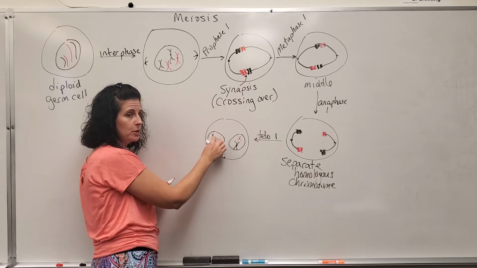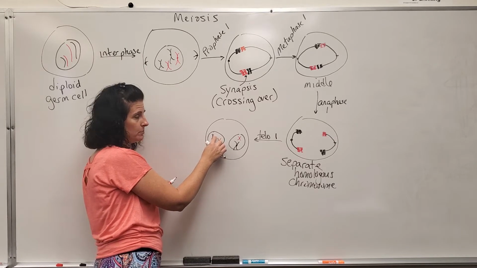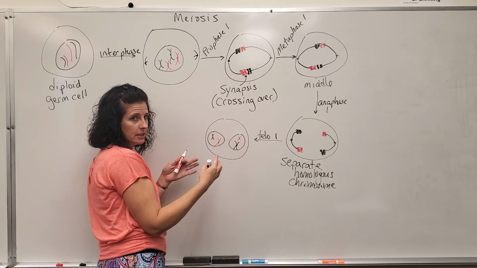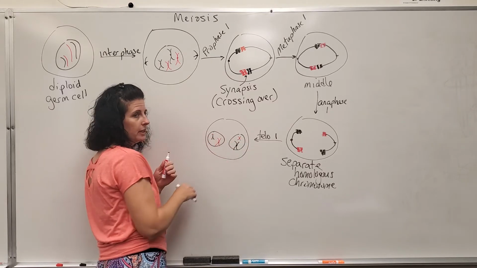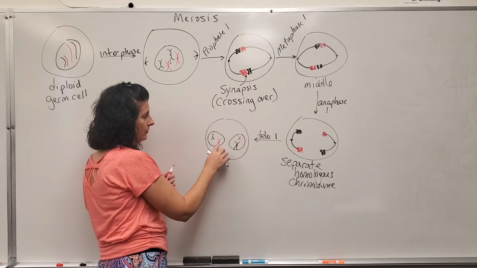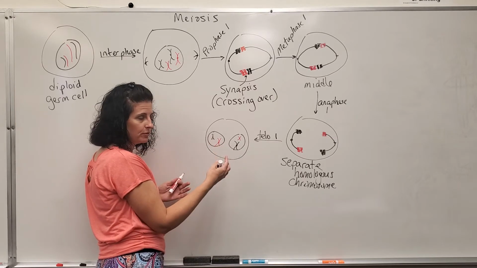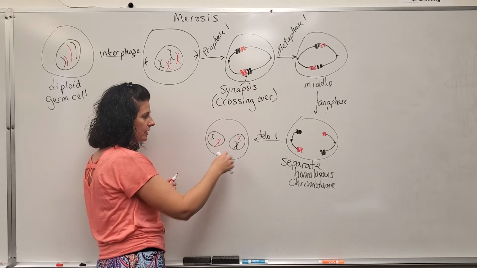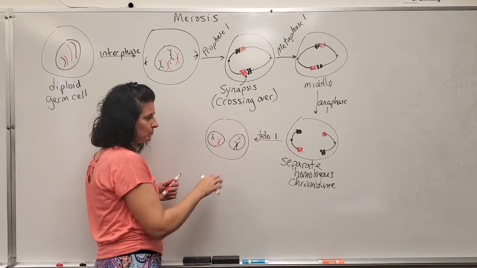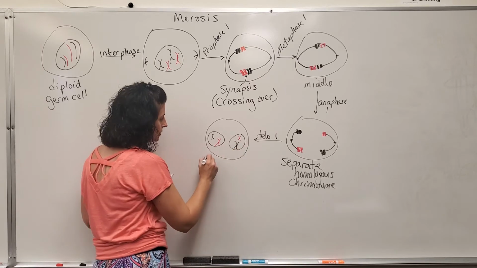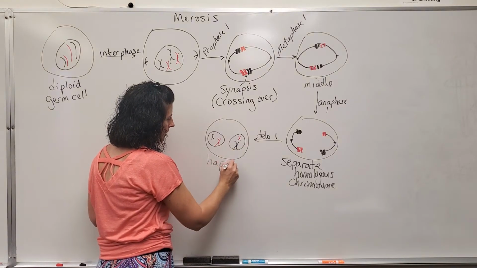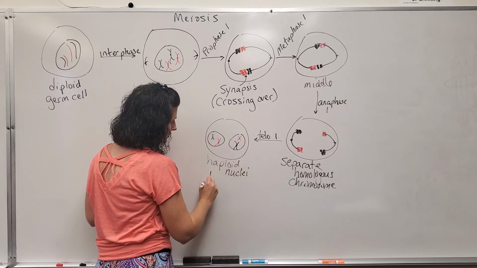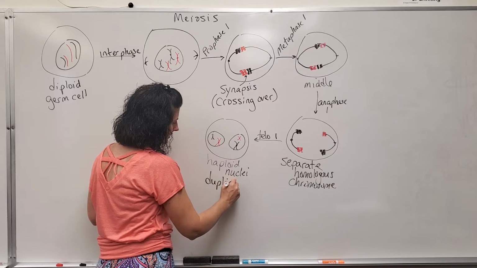They have chromosome 1, in this case from the sperm, chromosome 1 here from the egg. But they're not homologous anymore. We only have one chromosome 1 in each nucleus. And then we had, for chromosome 2, it was reversed in this scenario. So where chromosome 2 from the egg came over here, and chromosome 2 from the sperm is in this side. So again, these are haploid nuclei. But they are still duplicated.